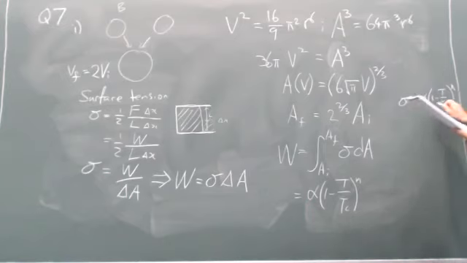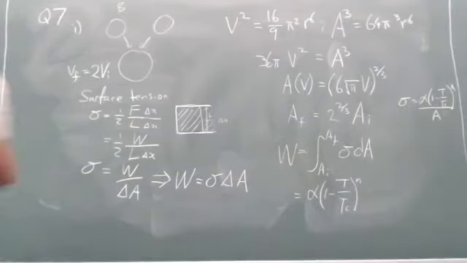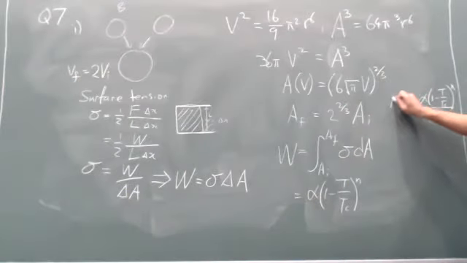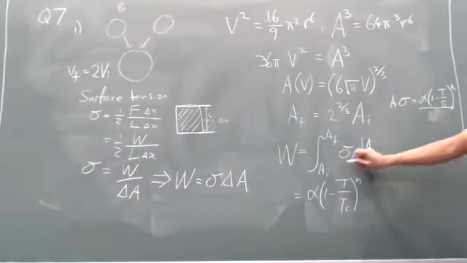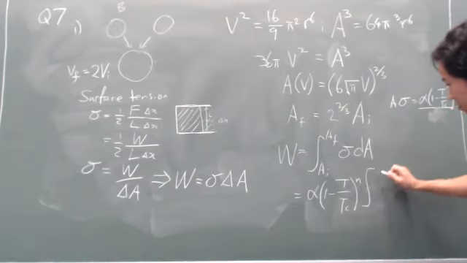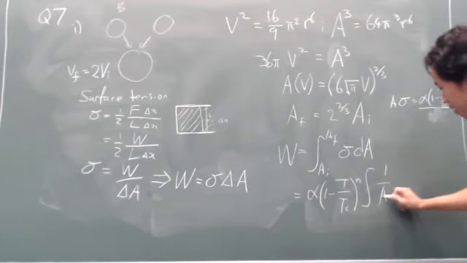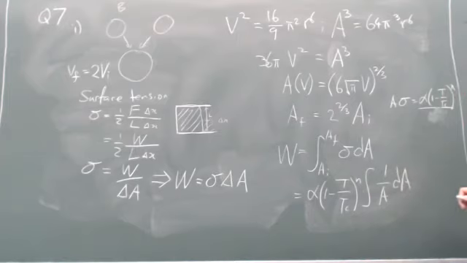Oh, sorry, this is actually sigma over A as well, given in the question. Yeah, sorry, my bad. So then you do get one factor of A in there. So you get 1 over A dA integrated from the initial area to the final area.